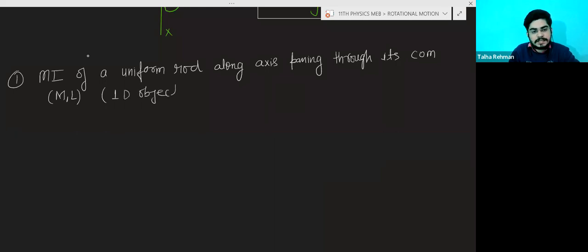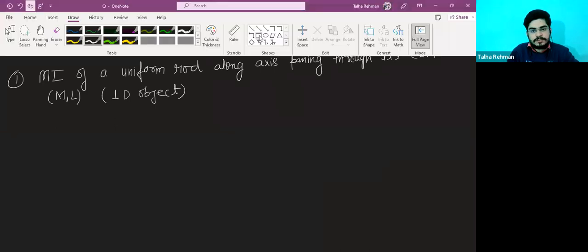There will be only length in the rod. There will be no thickness we are assuming.